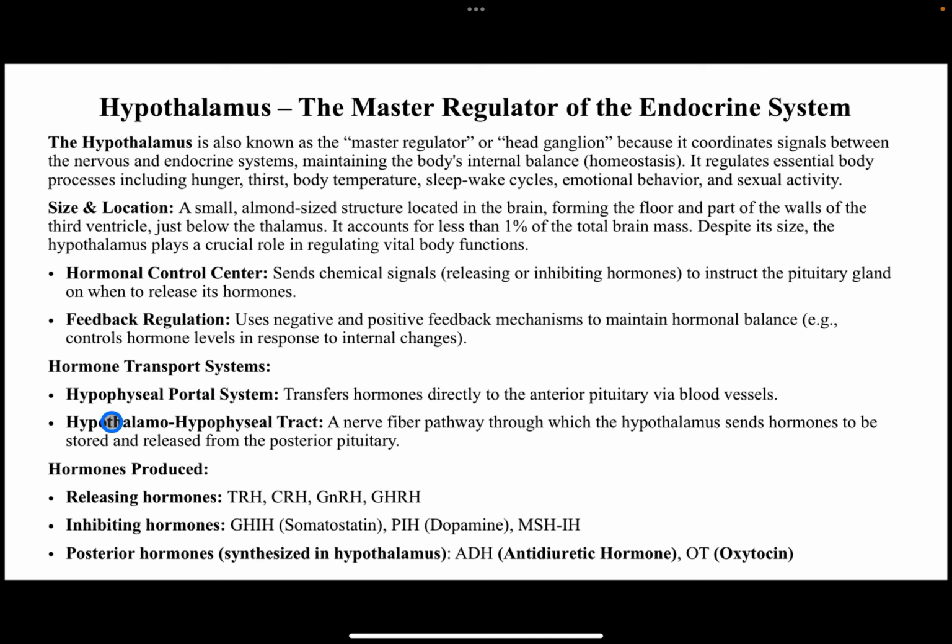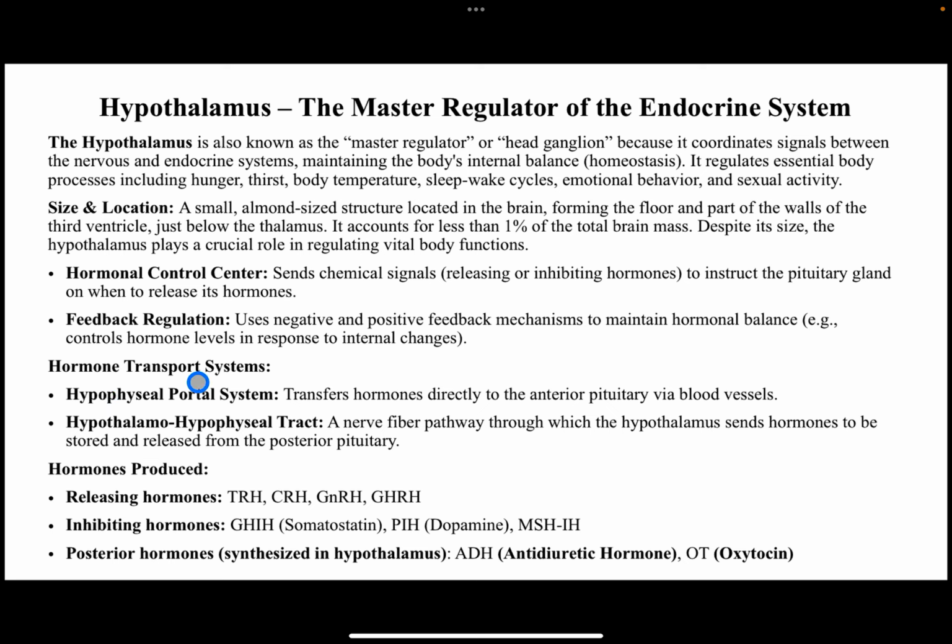The two transport systems are the hypophyseal portal system, or what we call the adenohypophyseal system, and then we have the hypothalamo-hypophyseal tract. In some literatures, they also call it the neurohypophyseal system.